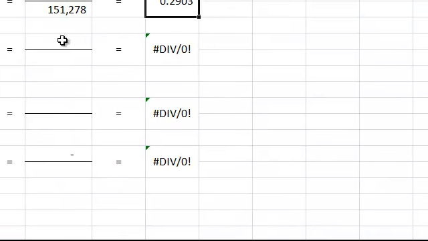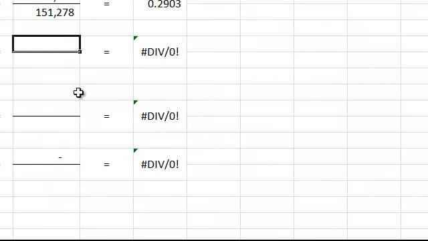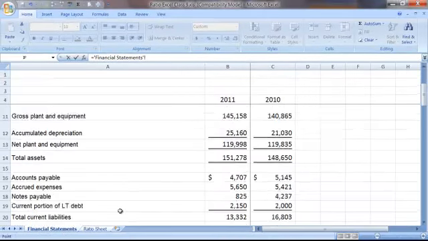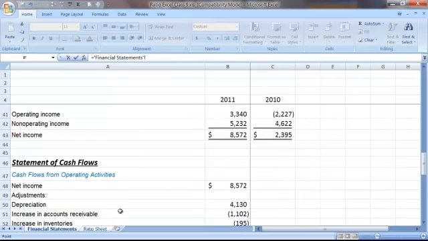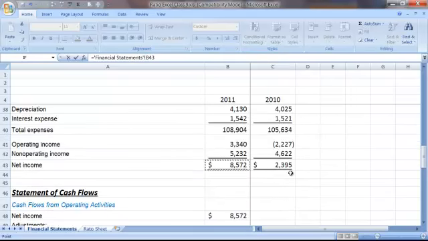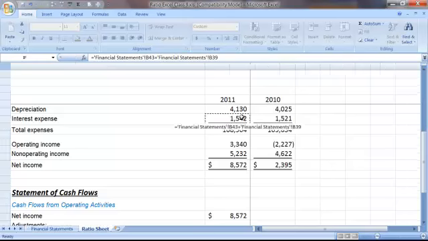Now let's do the earnings before interest and taxes. Okay, go back over here. Now, in this example, here's our earnings, and we're going to add back interest and taxes. Because we're a nonprofit, we don't have any tax expense, but we do have interest expense, which is right there.